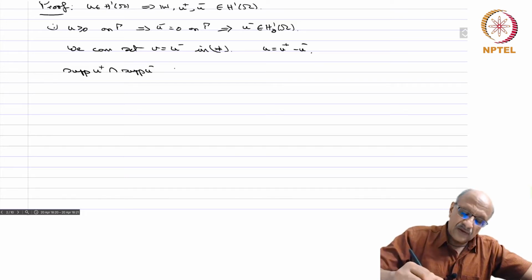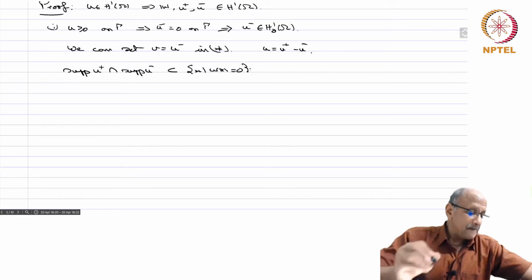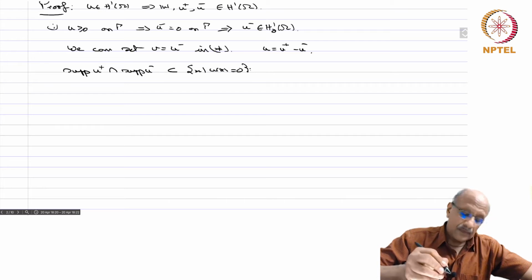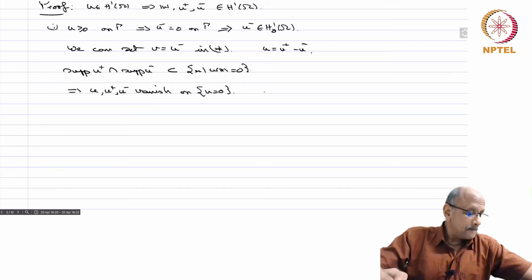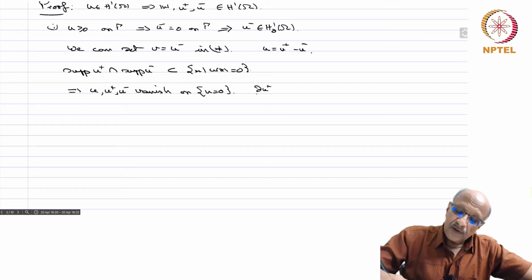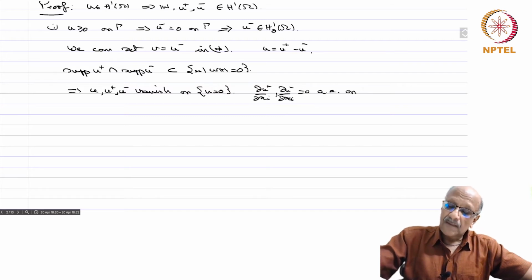This is contained in the set of all x such that u(x) equals 0, and u plus and u minus vanish on this set, and du plus by dx_i and du minus by dx_i are equal to 0 almost everywhere on this set.